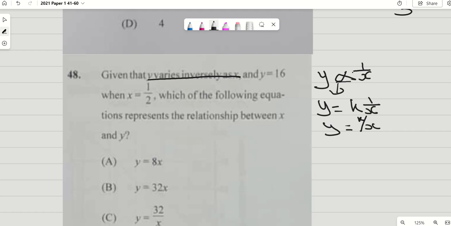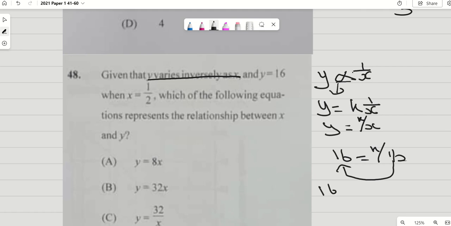Which of the following equations represents the relationship between x and y? So they're telling you when y is 16, this is equal to k over a half, or k divided by a half. So let's find k. If we carry across, dividing by half is going to turn to multiply.